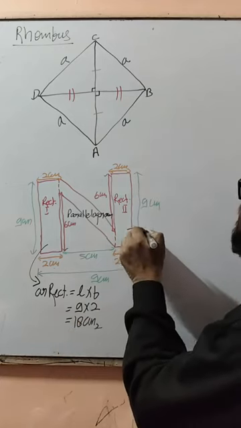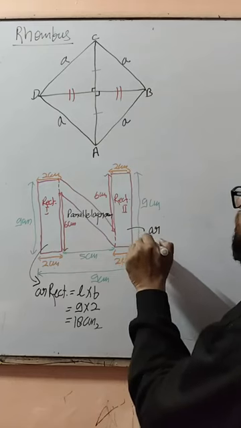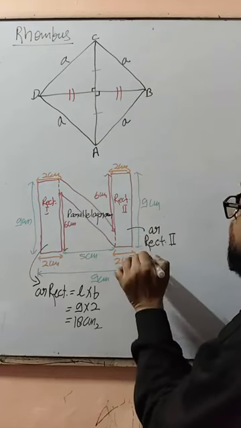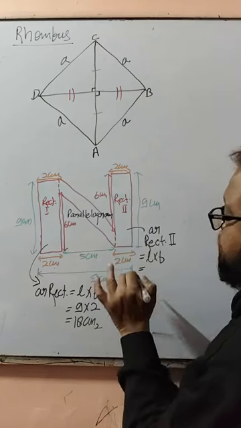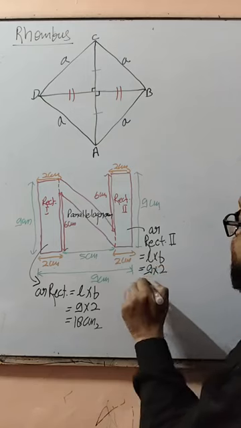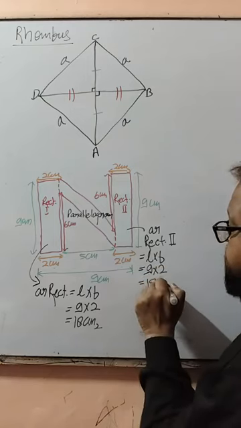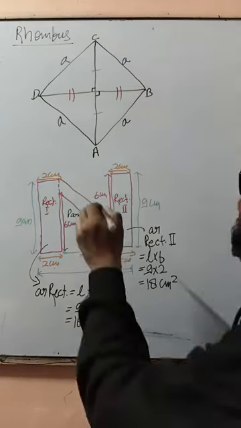This is area of rectangle 2. That is length into breadth. That is 9 into 2 becomes 18 centimeter square. Getting? Yes.